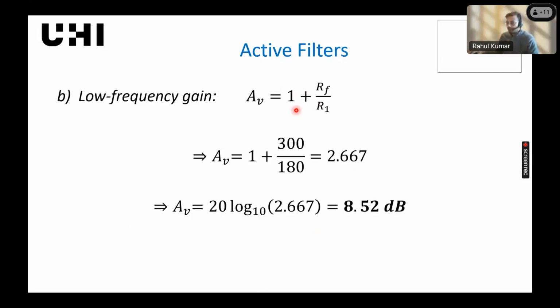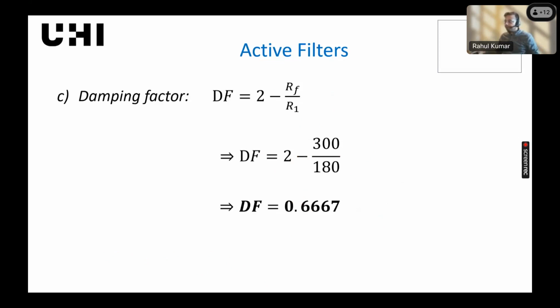Now, the low frequency gain is RF over R1 plus 1. So this is the number, we are getting 2.6. And if you convert it into decibel, you'll get 8.52. And the damping factor, DF, is 2 minus RF over R1.